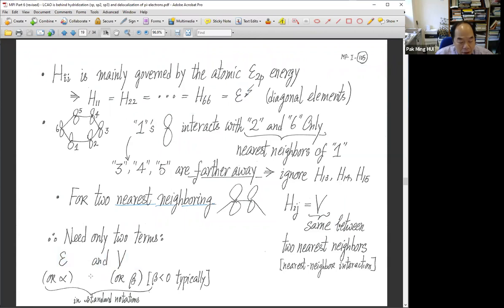Now, if you look at chemistry books, or actually the first one who did it is a physicist called Hückel. What I'm telling you is something called the Hückel theory. It's a physics topic. I know some of you hate chemistry, okay?